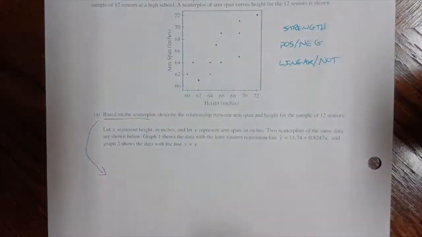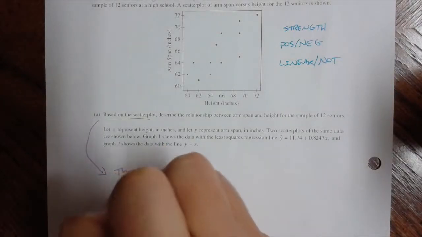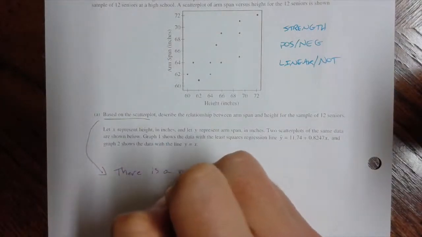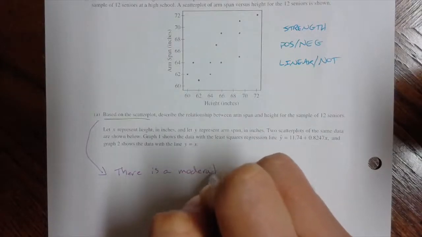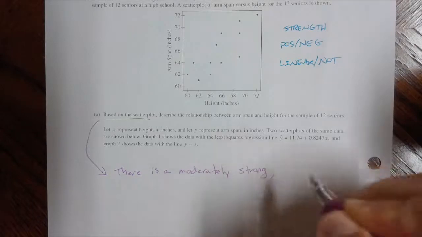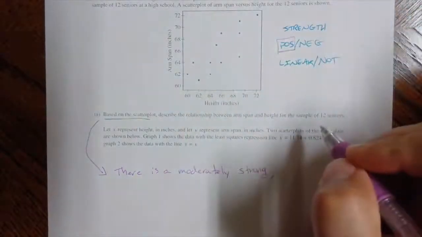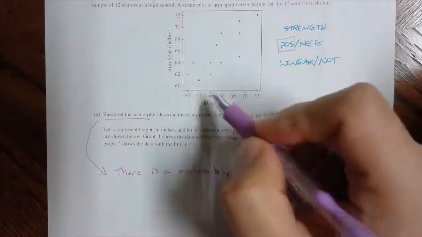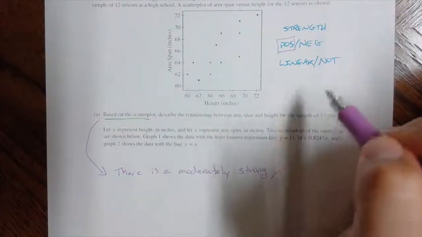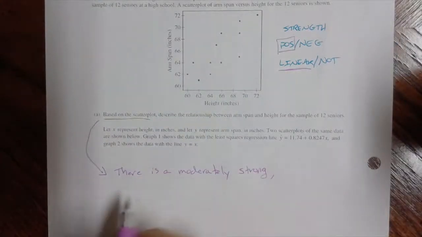If you ever have a hard time deciding, sometimes it's a good strategy just to merge both of them together. In this one, it might not be a bad idea to say there is a moderately strong, and then in this case positive for sure. As the height increases, the arm span is increasing in general. The other thing we're going to mention is it has a fairly linear pattern. So we're going to do this in one sentence.